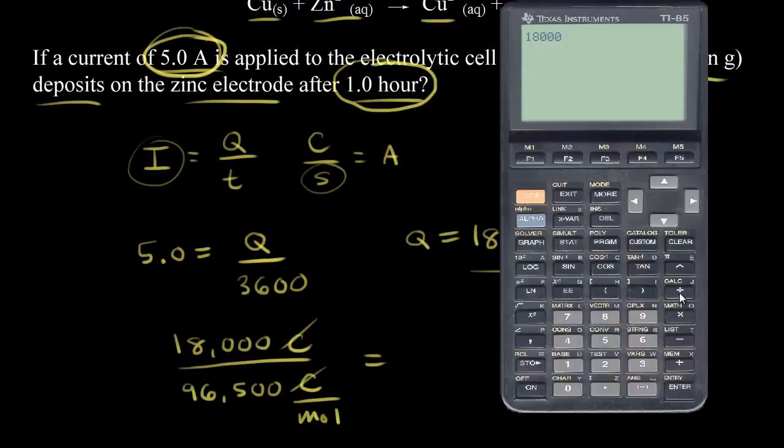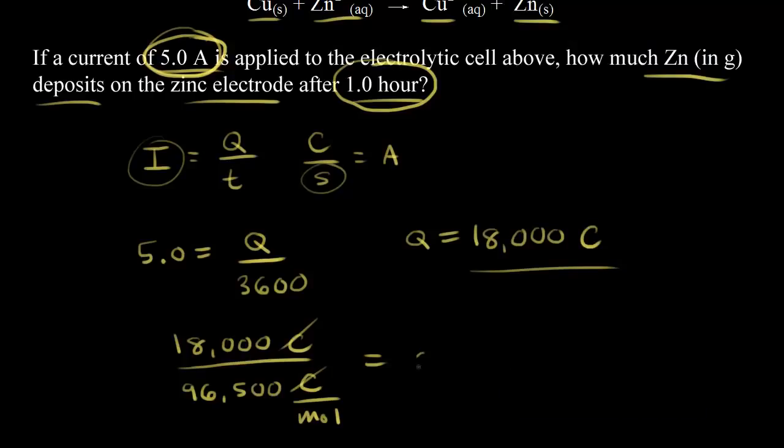18,000 divided by 96,500 gives us 0.19. So this is equal to 0.19 moles of electrons. So 0.19 moles of electrons were forced through our electrolytic cell because of the battery.